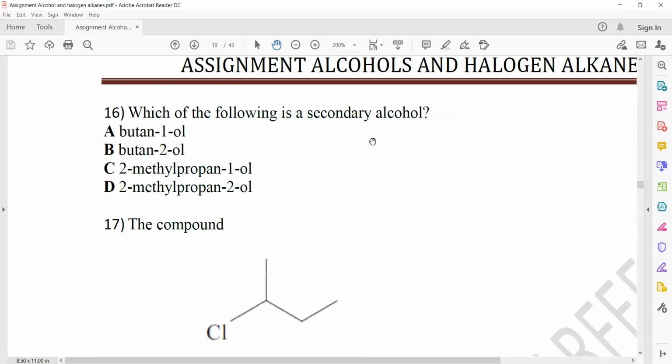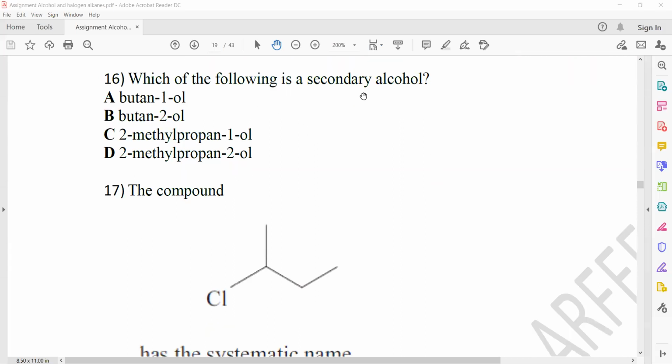In question 16, which of the following is a secondary alcohol? When you draw butan-2-ol, but means 4 carbon, and the OH group is there.